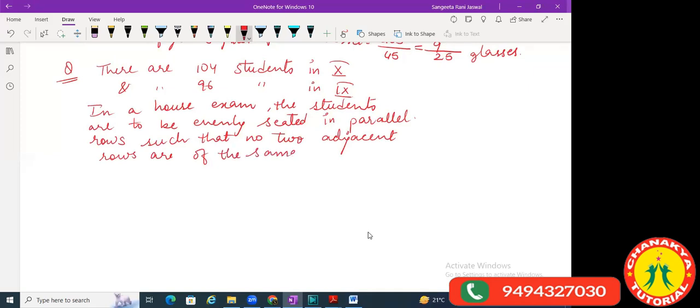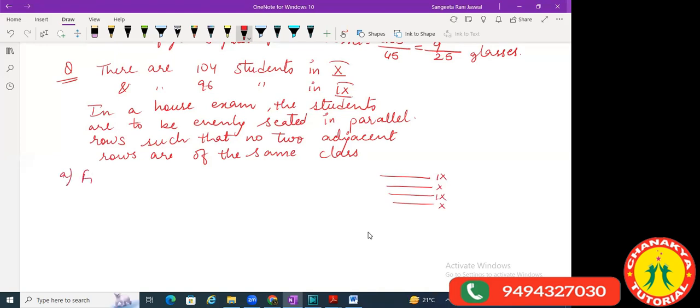That means if one row is of class 9th, the other row is of class 10th, then again class 9th, and then again class 10th. Like this alternately they are sitting.